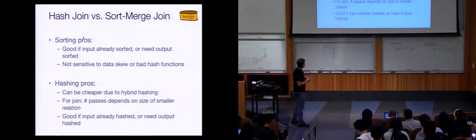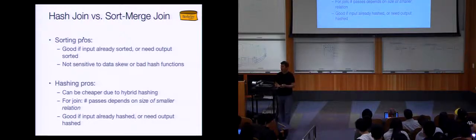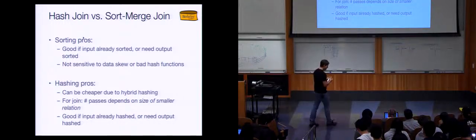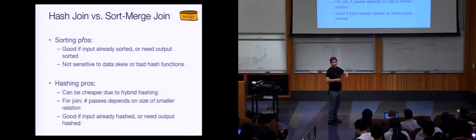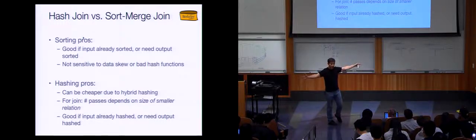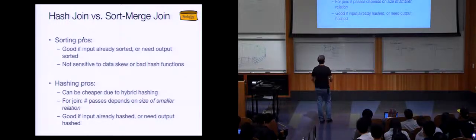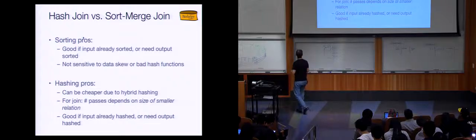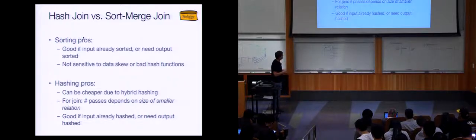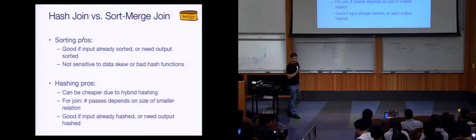With hashing, the number of passes depends only on the size of the smaller table, right? That was the whole point I was just making. The smaller table is the one that you have to bring back into memory. For the bigger table, the partitions can be huge, and you won't recursively partition them. So for joins with one very big table and one not-so-big table, hashing is a big win. And the hybrid hashing thing can make it even a little bit better.